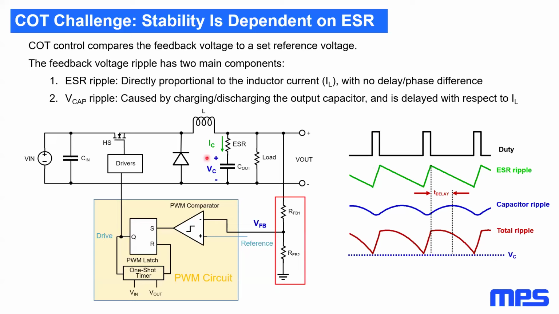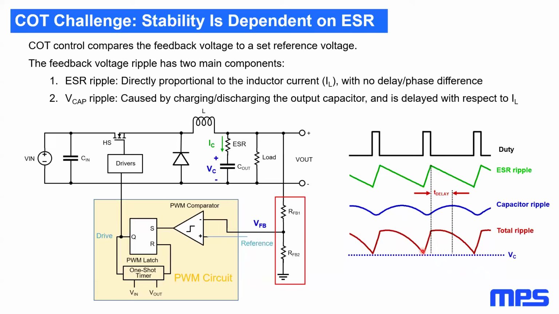However, the second element is the capacitor voltage itself. And the problem with this is that, as you can see here in the blue, the peak of the capacitor ripple occurs much after the duty cycle or the on time is finished. So by superposing both of these ripples, we get the total ripple, which has ideally a shape much like this one.